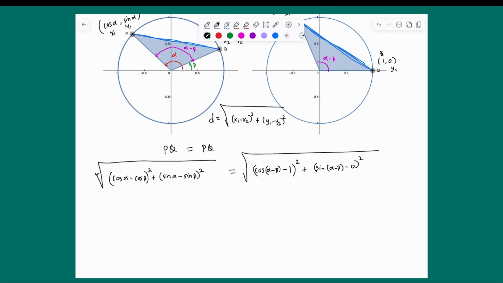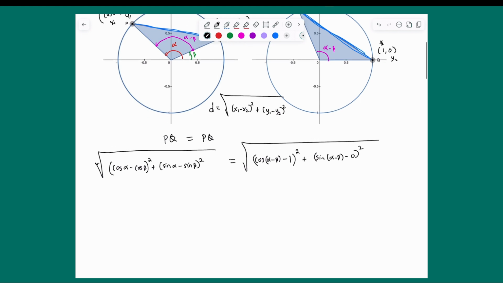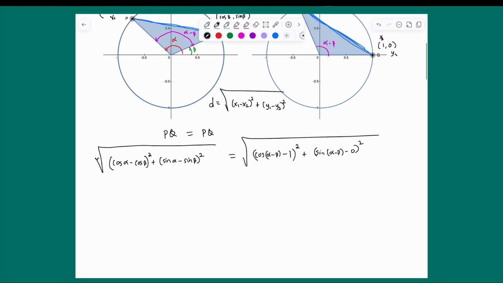Since we have the square root equal to the square root, we could square both sides and basically get the radicand, whatever is under the square root. So I'm not going to write the square root anymore, because we can easily get rid of it by squaring both sides. What we're left with is this term plus this term, and we're going to expand that term.